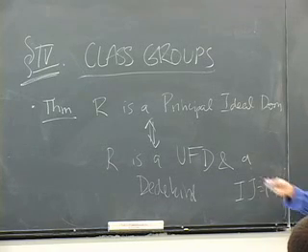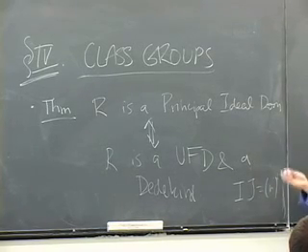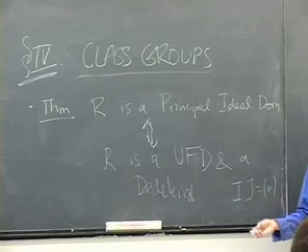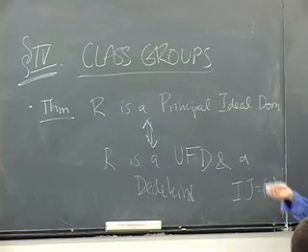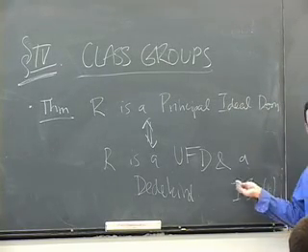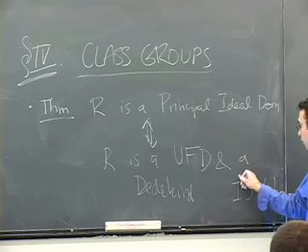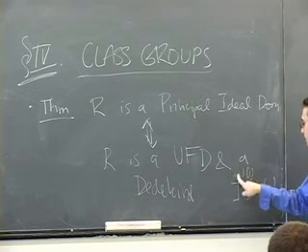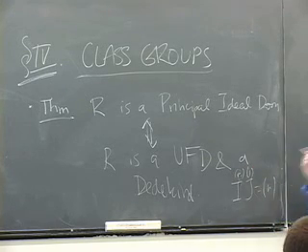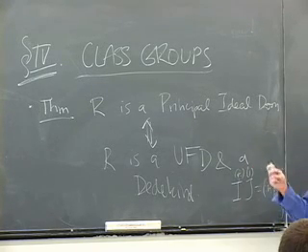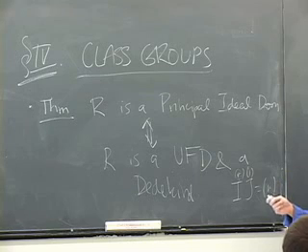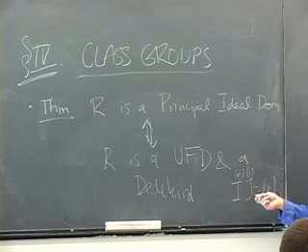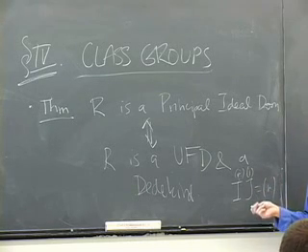Exactly. I just start out with any ideal. I already know it's principal. It's generated by some r. And I just multiply by the unit ideal, and that gives me something principal. So it's automatically true that for any ideal I have, there is some non-zero ideal I can multiply by to get something principal. Is that clear?